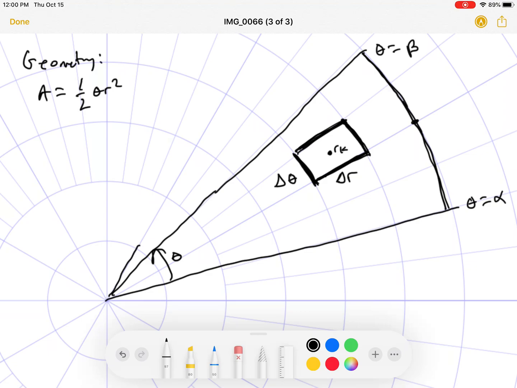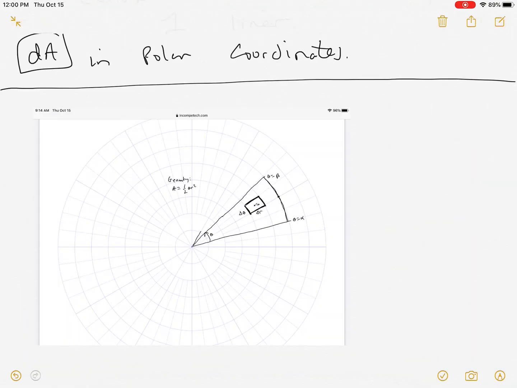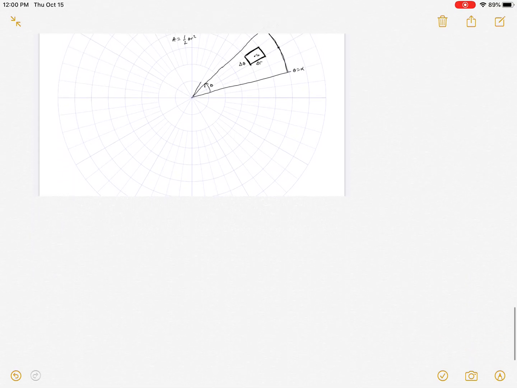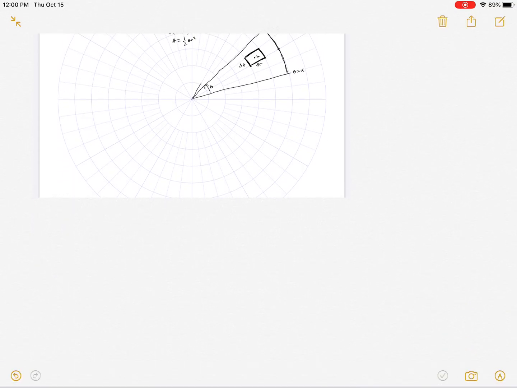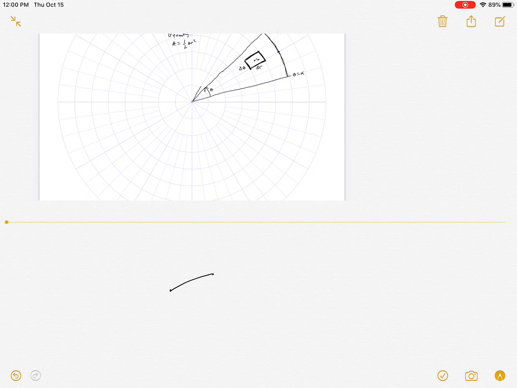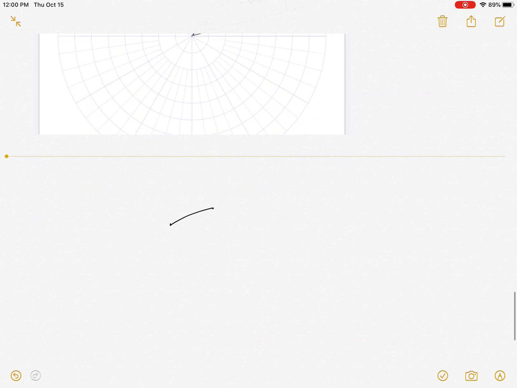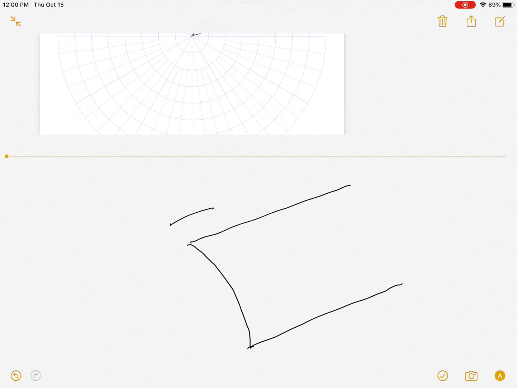So what I'm going to do now is expand that thing. It's about that big. Here's the point r sub k.